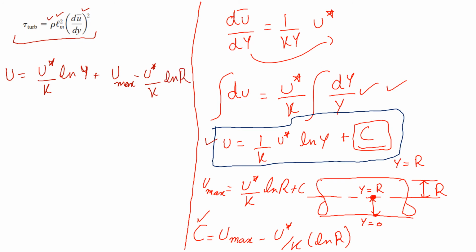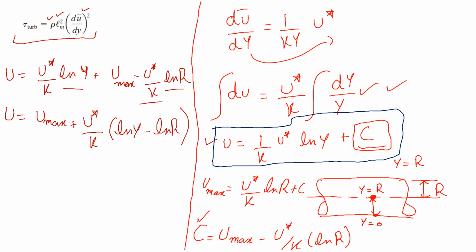So now let's refine this equation a bit further. u is equal to u maximum, and we will combine these two terms by taking u star over k common, so plus u star over k times (natural log of y minus natural log of r).